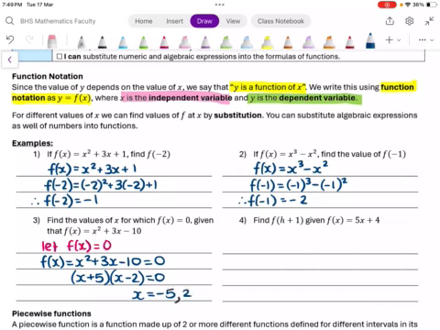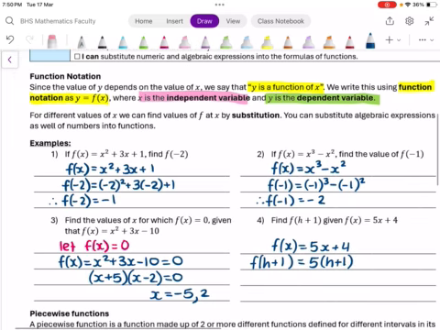Our final example on function notation is to find f of h plus 1, given f of x equals 5x plus 4. So we have our function f of x equals 5x plus 4, and we're finding f of h plus 1. Whoa, that one's far away. That means we are replacing all of our x's with our expression h plus 1.